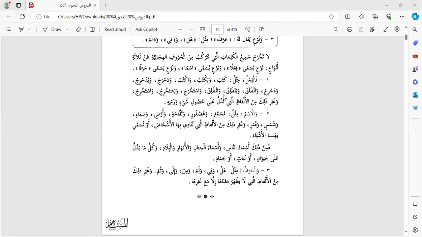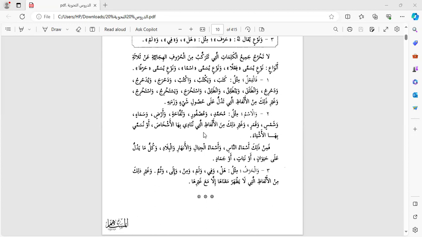The second type, which is al-ism, which is nouns. How do we know that this word is a noun? The same steps. The first step is to translate it, if you didn't know the meaning of the word in your mother tongue language. And the second thing is that nouns are, as in English, names.